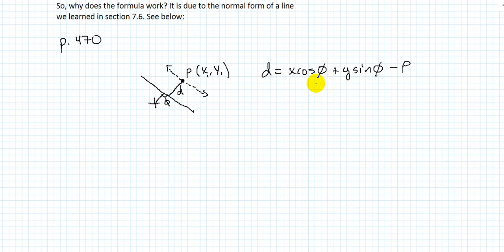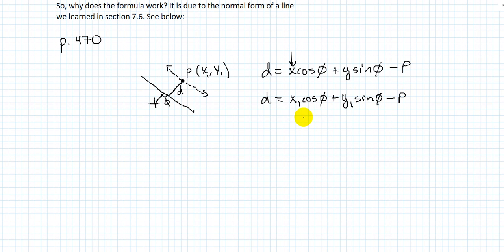And then what they do is they say, well, x1, y1 is on that line, so I can change from a generic x to the actual x1 that I am looking at right here, and likewise with the y. So these aren't variables anymore. X1 and y1 are the actual terms that we have.